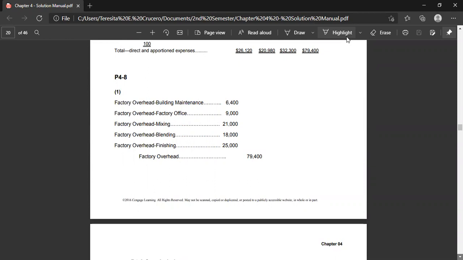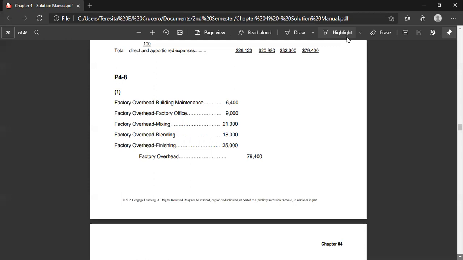Number 1, the distribution of the total factory overhead of 79,400 to the individual production and service departments where it originated. Number 2, the distribution of the building maintenance overhead to the appropriate other departments. And number 3, the distribution of the factory office overhead to the appropriate other departments.